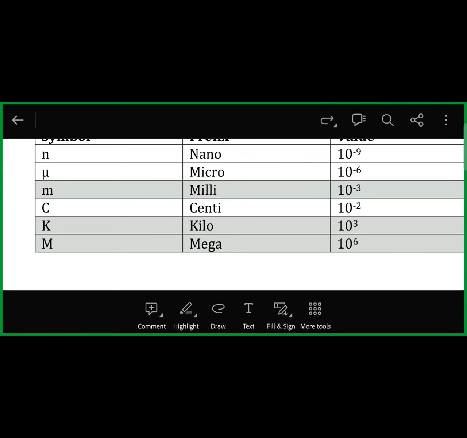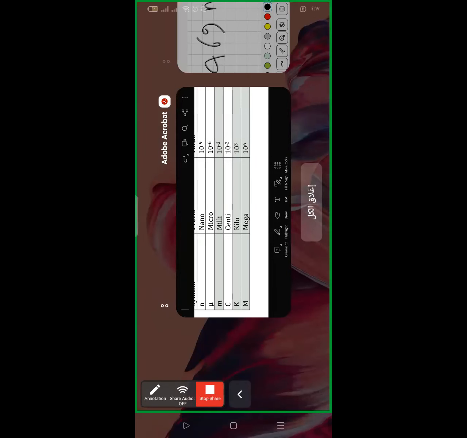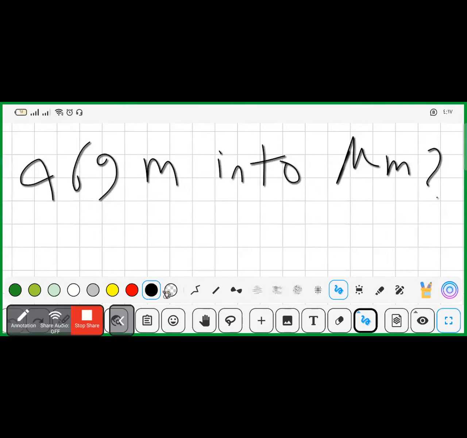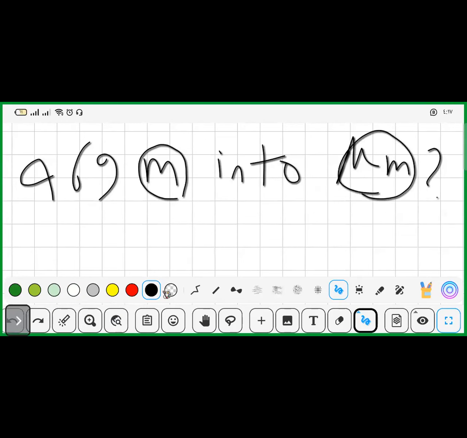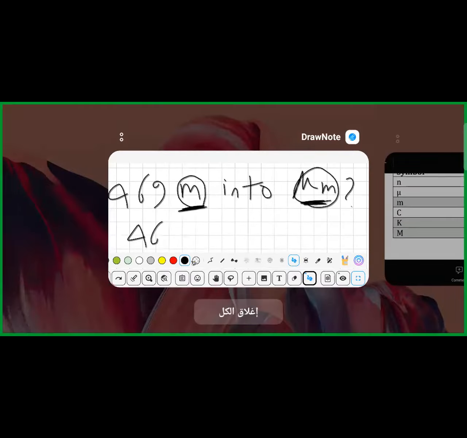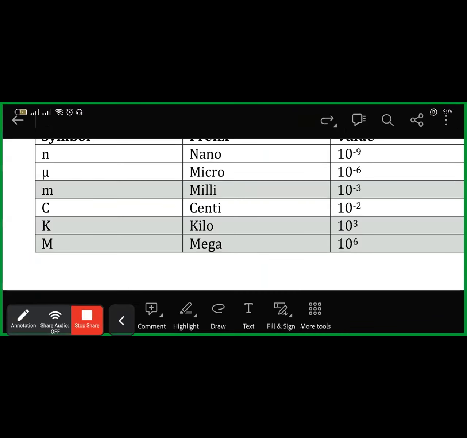Okay, keep this value in your mind. So from meter to micrometer, from what to what? From greatest to smallest. So 10 to the power, wait, milli or micro?